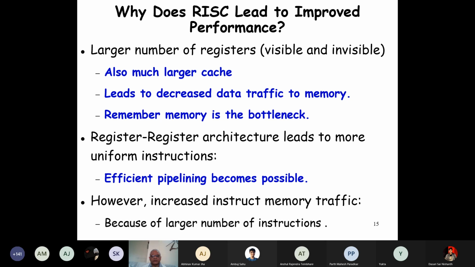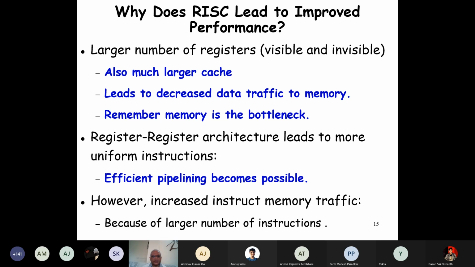In this course we will see some use of the invisible registers, but in a higher level course, we will know exactly how these invisible registers help. There are thousands of them, but only 32 are visible, because otherwise it becomes very difficult for the assembly programmer and the compiler to manage thousands of visible registers, and also they don't become very useful because we don't have that many operands and that much data. We can better have them in cache.